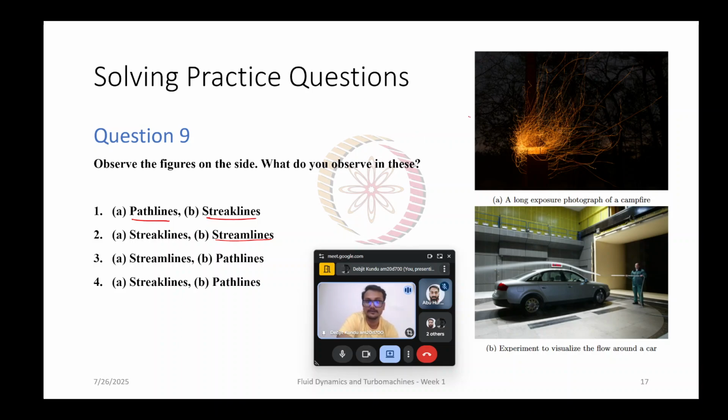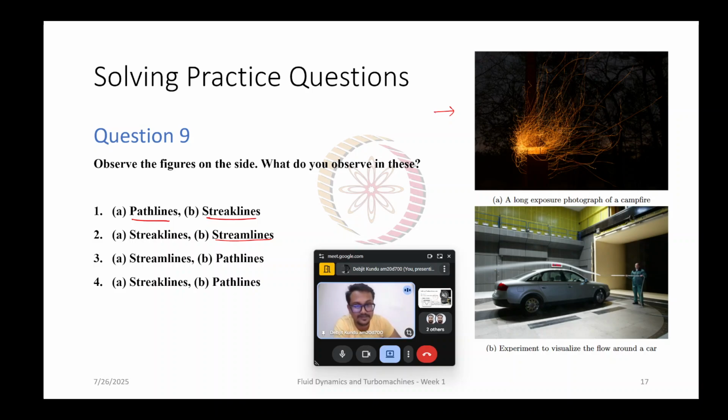So I have two pictures on the right hand side. The first one is a long exposure photograph of a campfire. So you must have seen this, right? People increase the exposure time of their camera to take pictures like this. There's another example where a car would be going on a winding road, and if you take a long enough exposure photograph of that, then the car won't be visible, but the line traced by the light is visible in the end.